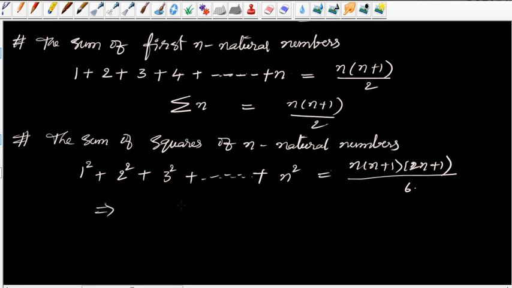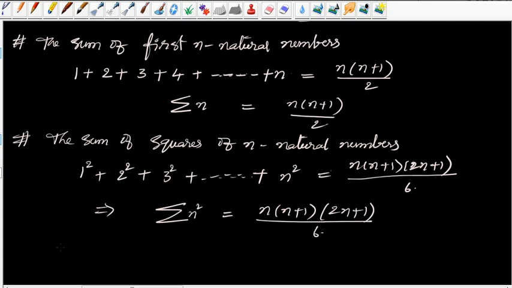So this can be simply written as sum of squares of n natural numbers, n into n plus 1 into 2n plus 1 by 6.